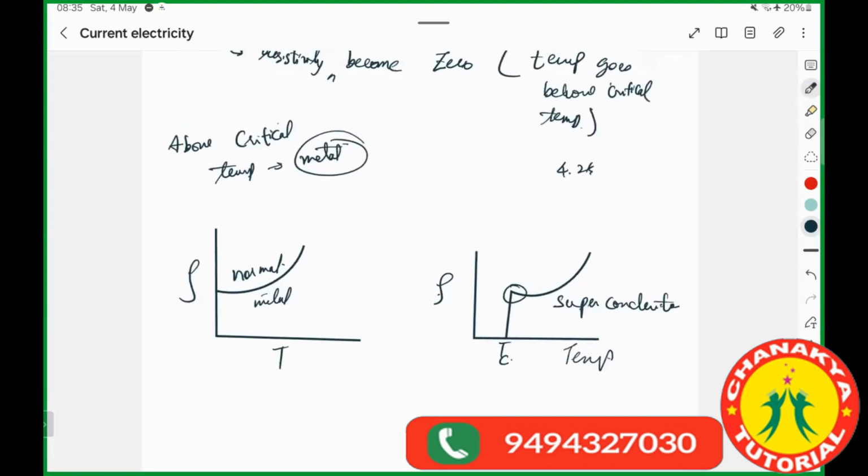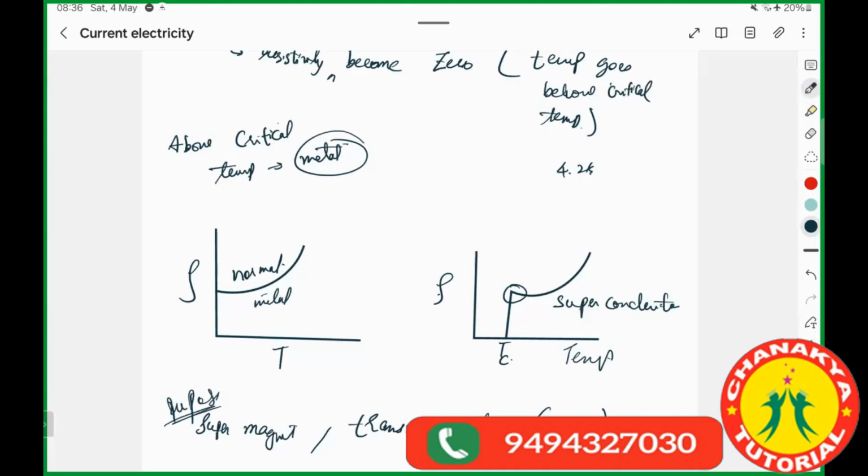Now, what is the purpose of this? For making super magnets. You can make a super strong magnet or a transmission line, meaning power transmission, because there we require very low resistance. If there is more resistance, there will be more power loss. We use it for industrial purposes to reduce the loss of energy.